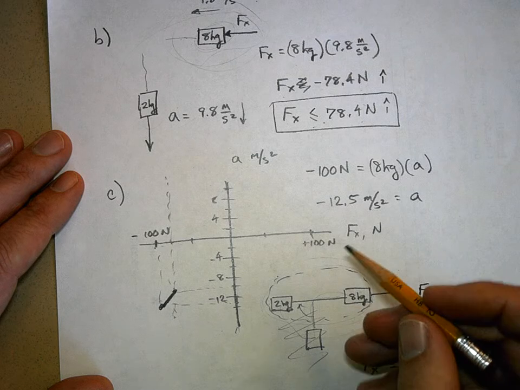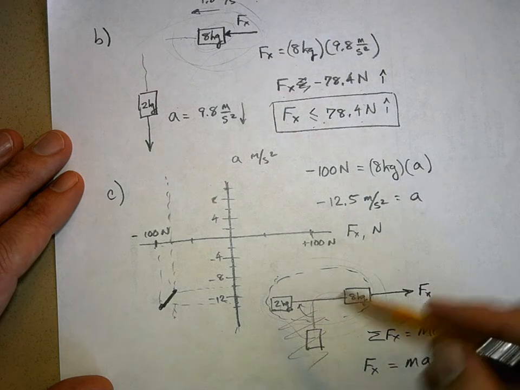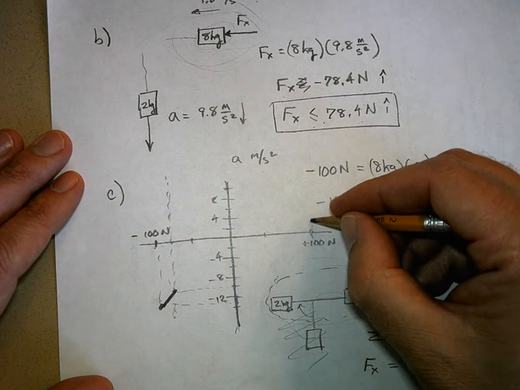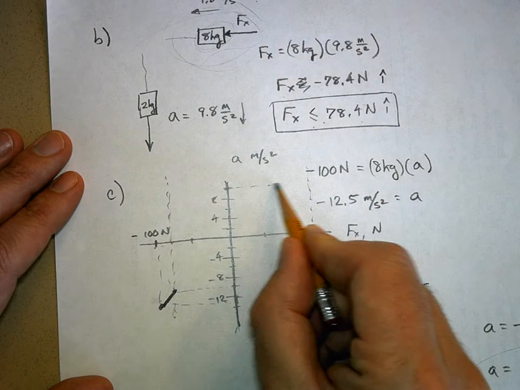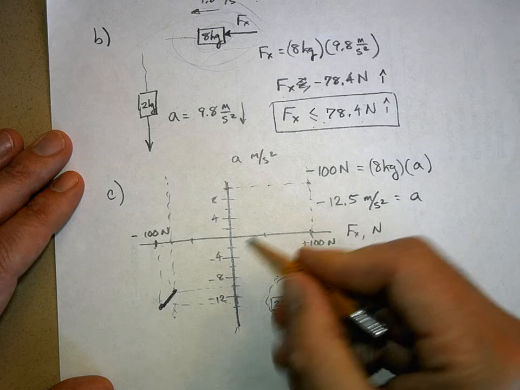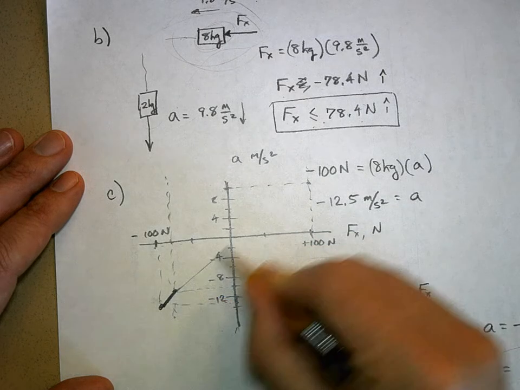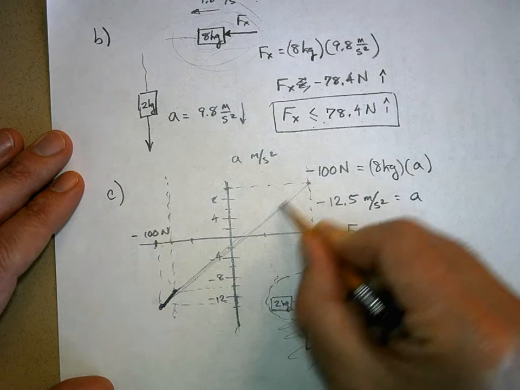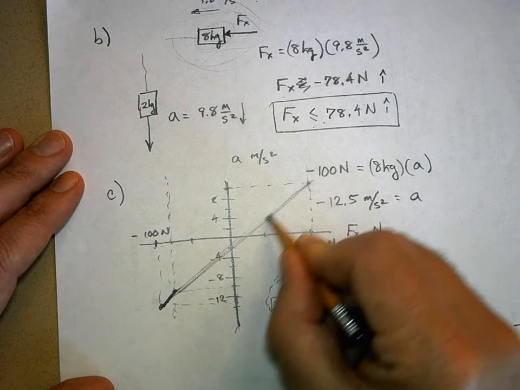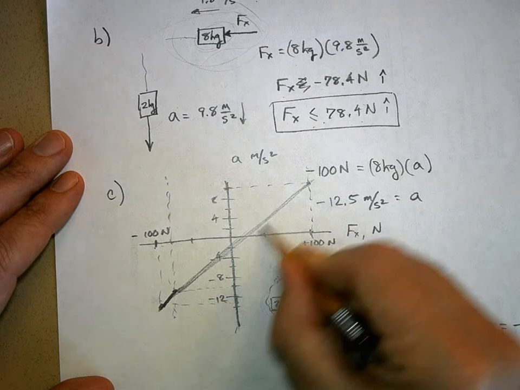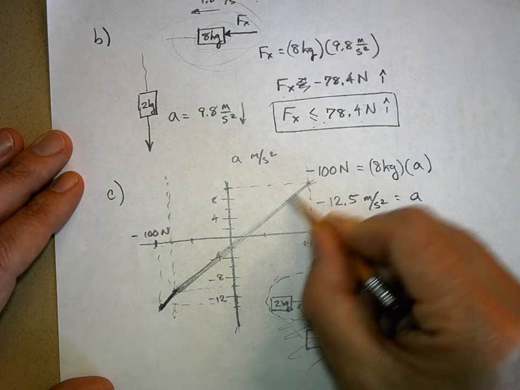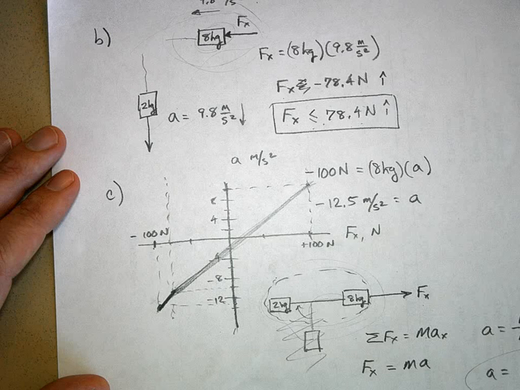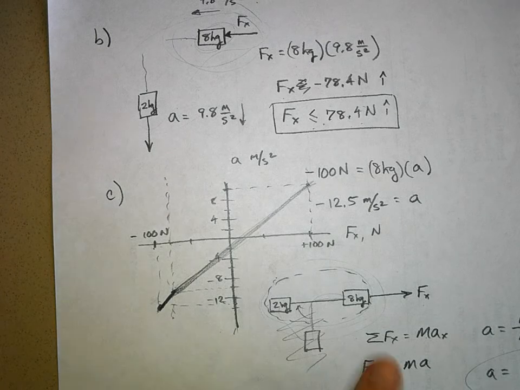Now this guy here is at 100 newtons. I knew my acceleration was positive 10. And now I just need to draw a straight line between those guys. So it's kind of a piecewise function. You have this piece, and you have this piece. And there's your acceleration as a function of f sub x graph.